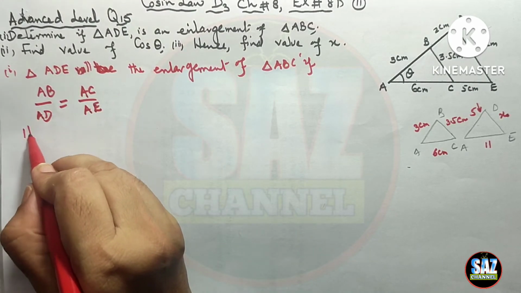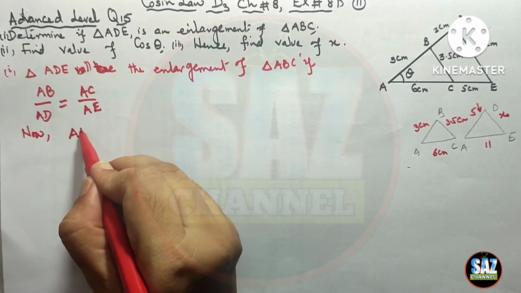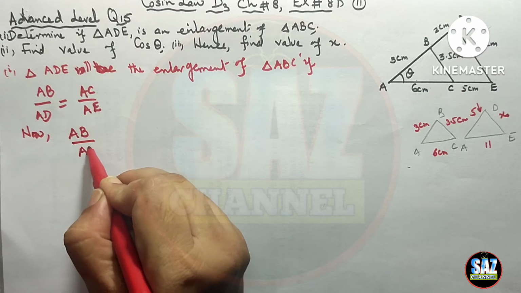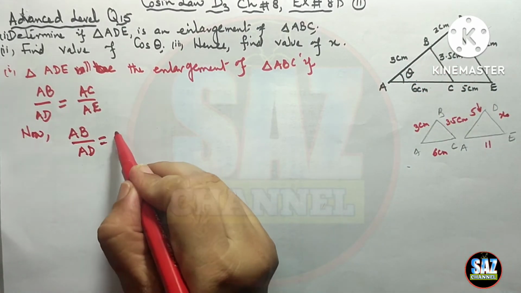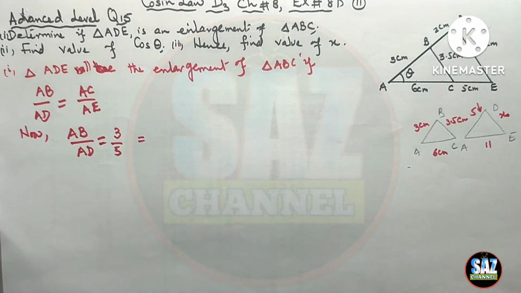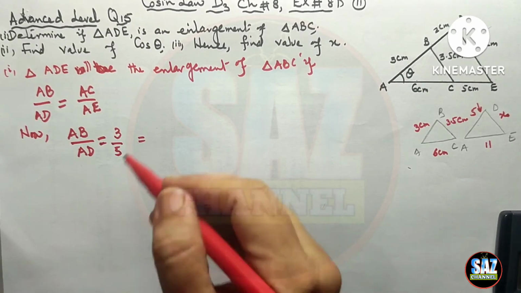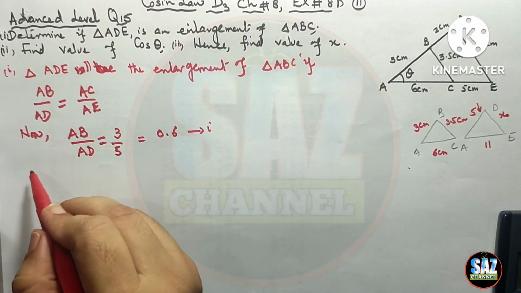Now what we have to do? AB upon AD, replace the values. AB is 3 and AD is 5, 3 by 5, which can be taken as 0.6.